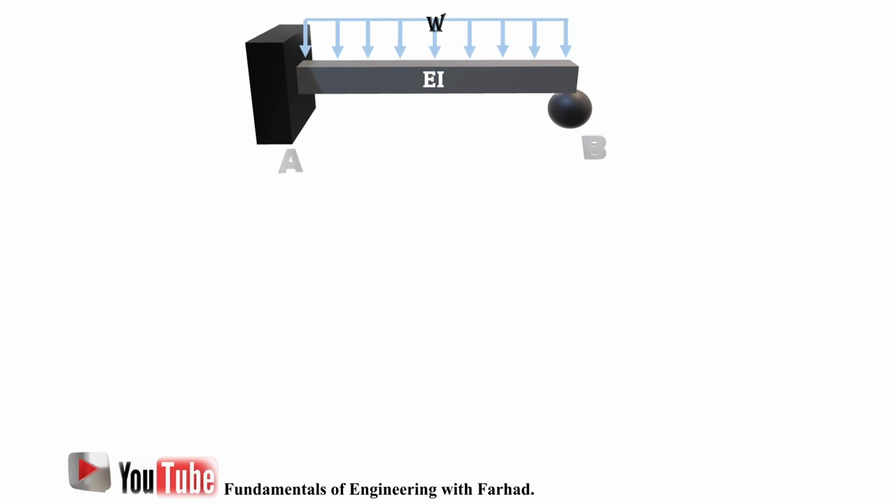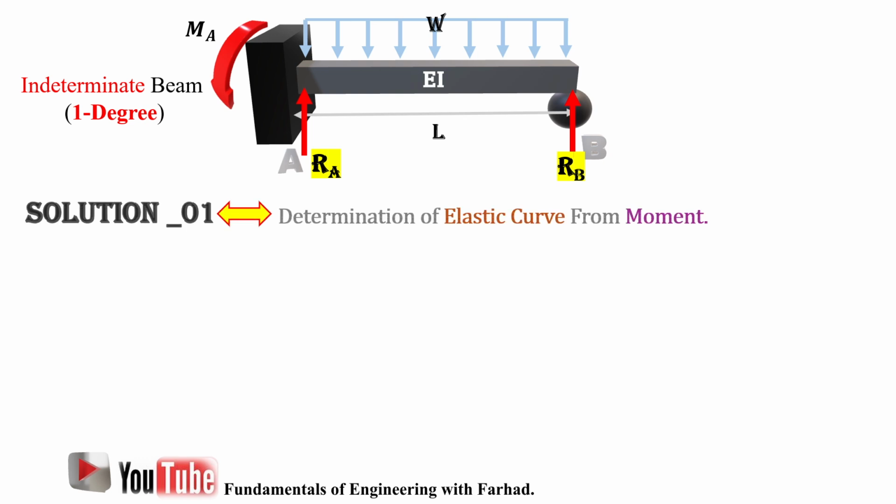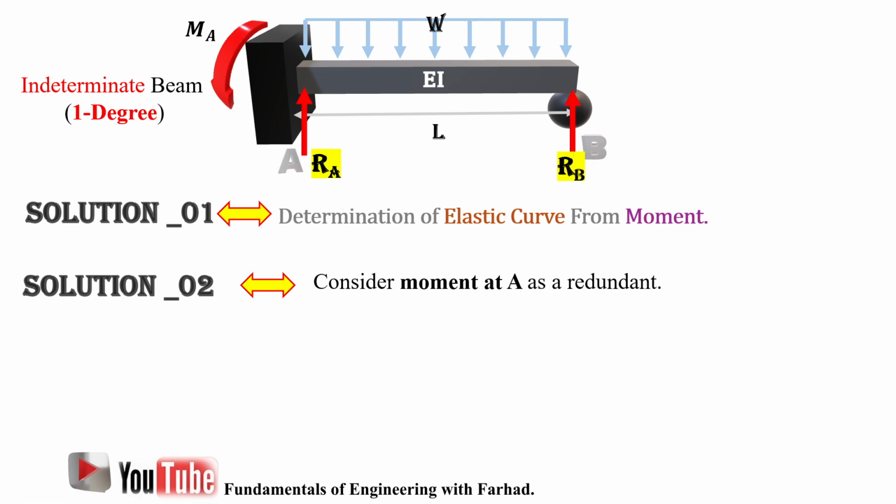if you have a close look at the problem, it's 1-degree indeterminate, and we have to solve it with either solution 1, which is determination of the elastic curve from the moment equation, which we have done in the previous video. I will provide you the link to this video in the description.